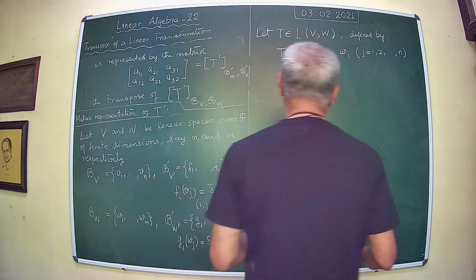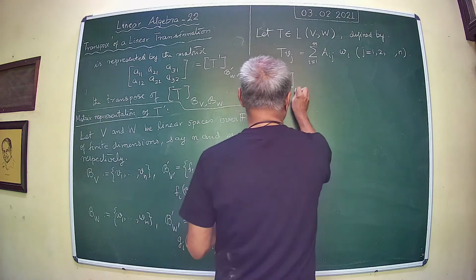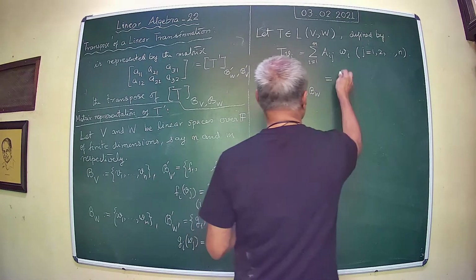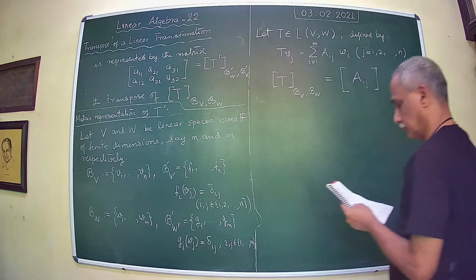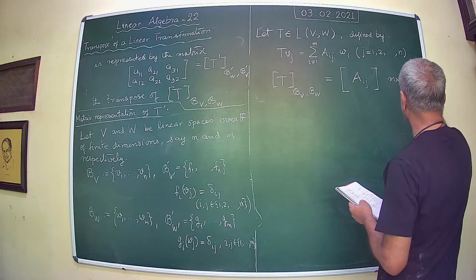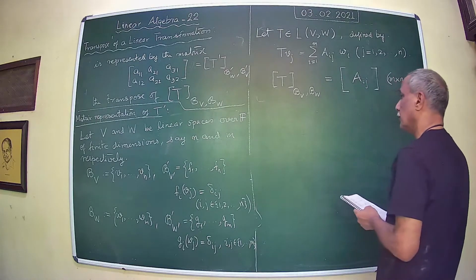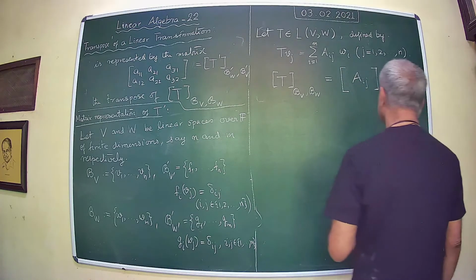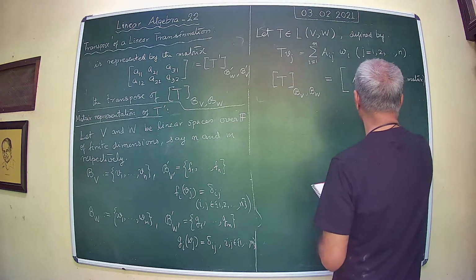Okay. Then we know from what we have done already that the matrix representation of T with respect to B_V and B_W is given by aij, where i runs from 1 to m.